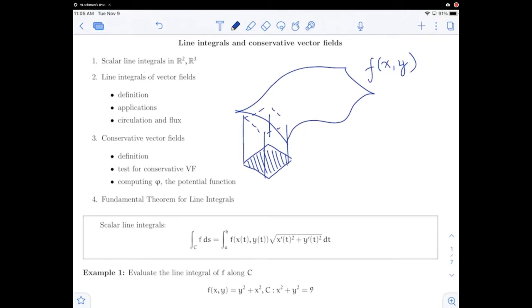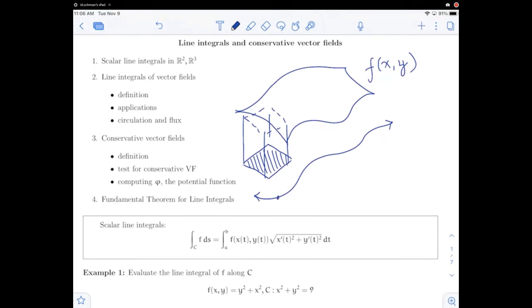So today we're going to talk about a different kind of integral where we're integrating over a line, and it really should be named curve integrals because it's very rare that we're integrating over a straight line. So what if I were to integrate my function over a directed curve?